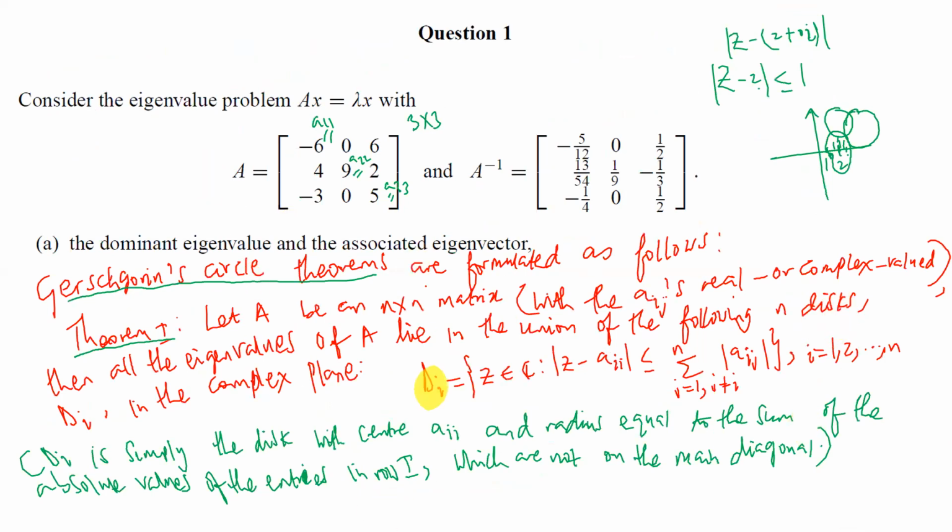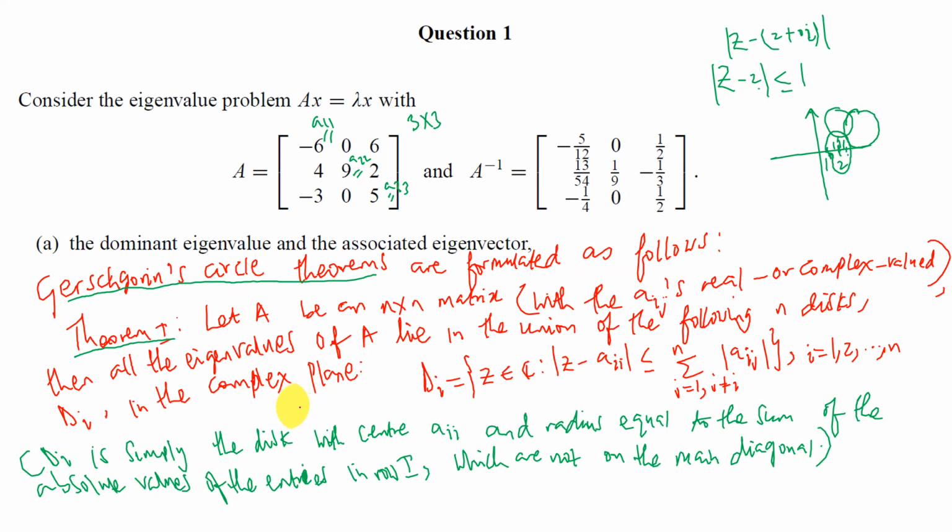If we let A be an n by n matrix, in this case 3 by 3, with the Aij real or complex valued, then all the eigenvalues of A lie in the union of the following disks in the complex plane. We have seen that the eigenvalues of A will lie in the disks. So obviously theorem 1 is just about the fact that the eigenvalues will always be found in the disks. But the second theorem is to do with touching and non-touching disks, and which eigenvalues lie where.